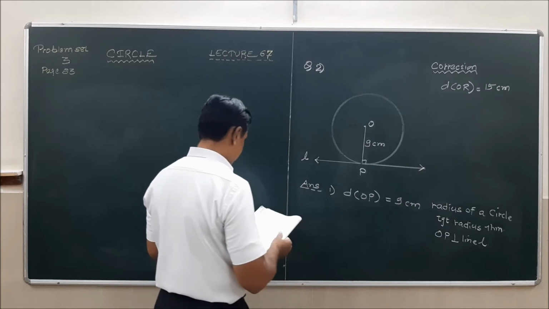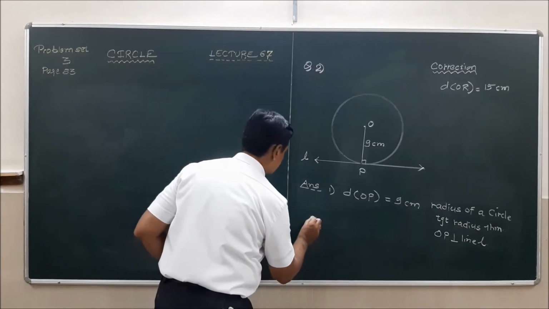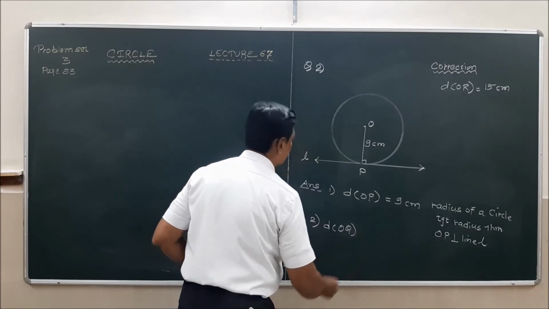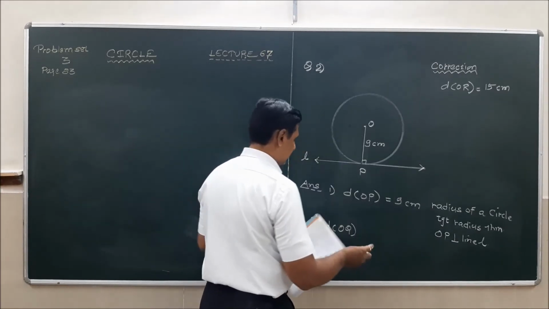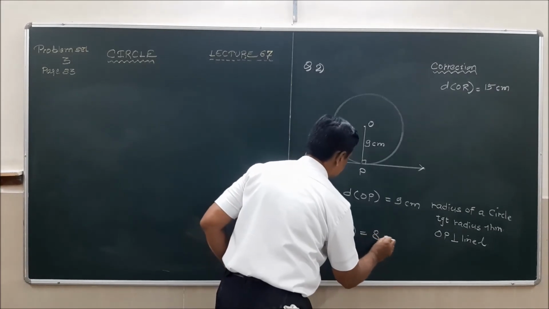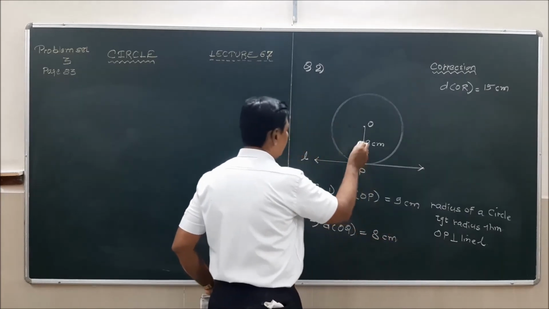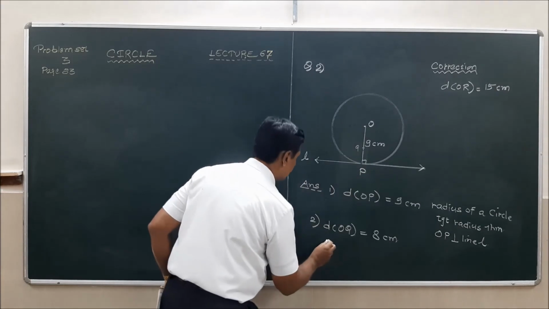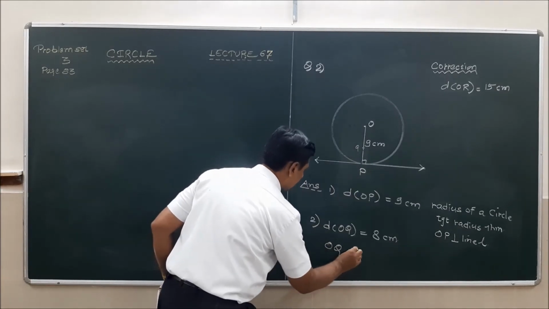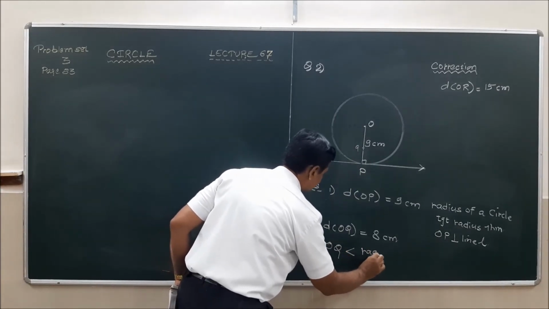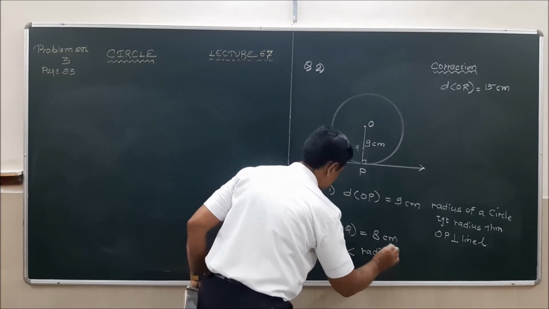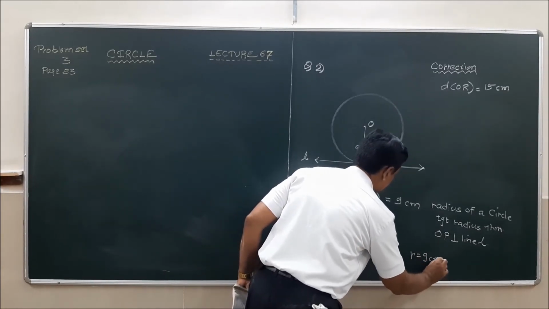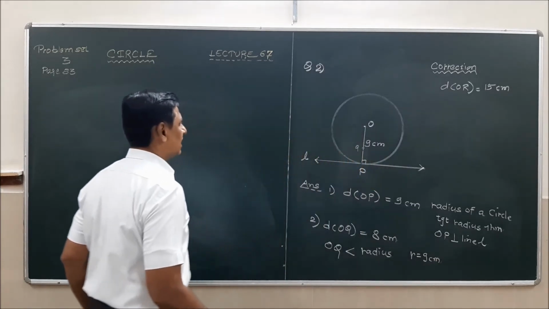The second question asked is, if distance OQ is equal to 8. If we take Q over here, that is 8. So OQ is less than the radius, because the radius is 9.